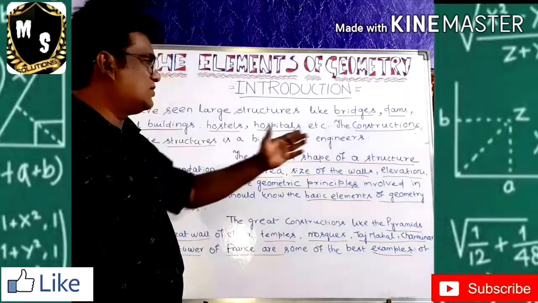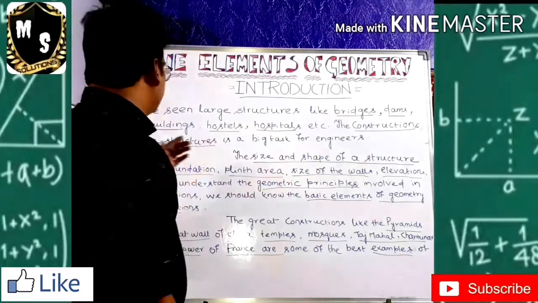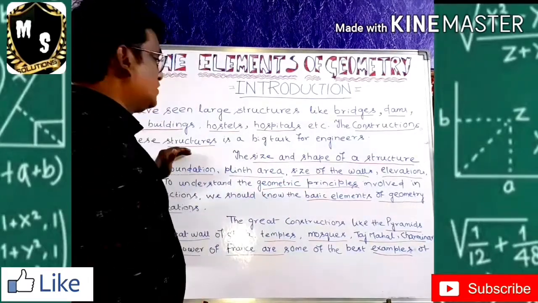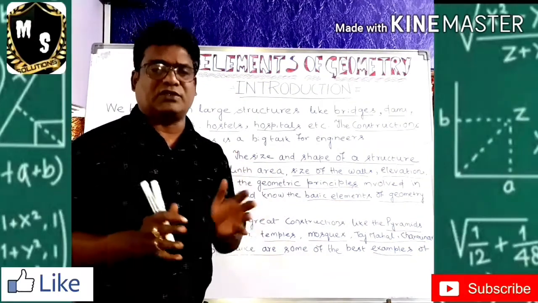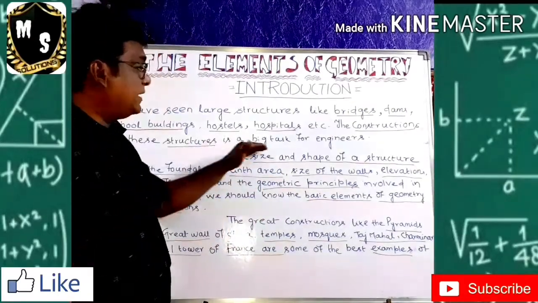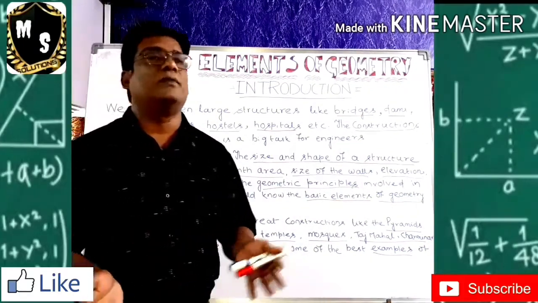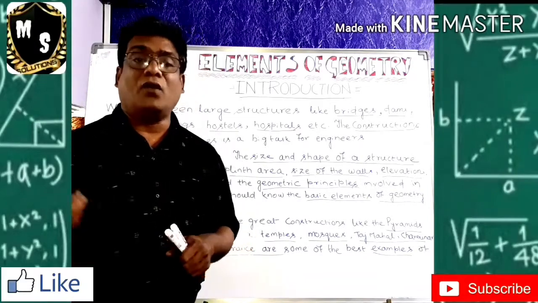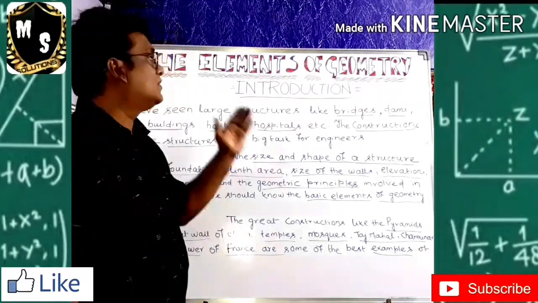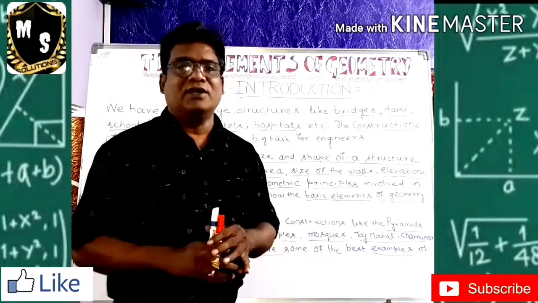And what do these constructions say? The construction of these structures is a big task for engineers. We are not just going to build anything up. There are a lot of engineering ideas behind it, and in all engineering ideas, some elements of geometry come into action.